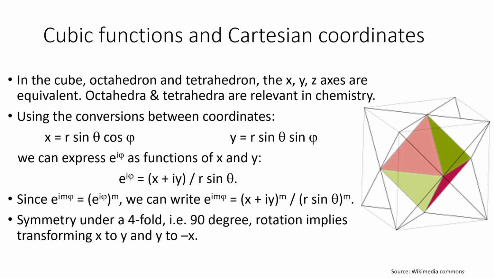Certainly for the octahedron and the cube, we have this fourfold symmetry. If you were to rotate the x-y axes 90 degrees anti-clockwise, the x-axis would move onto the y-axis, and the y-axis would move onto minus the x-axis. So we have this transformation of the coordinates when we do a rotation.